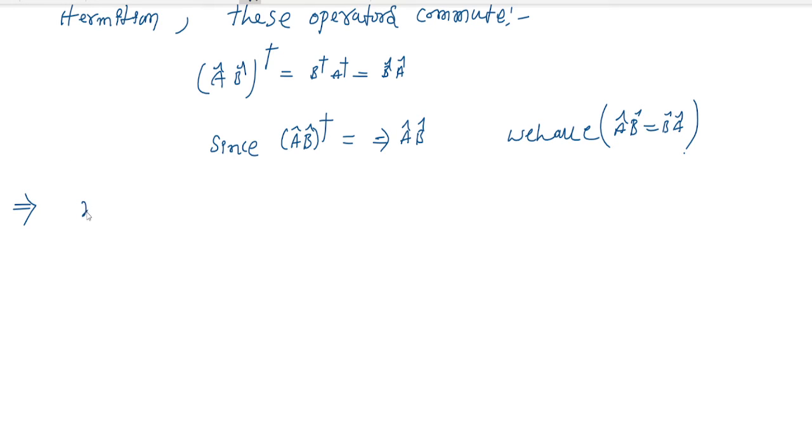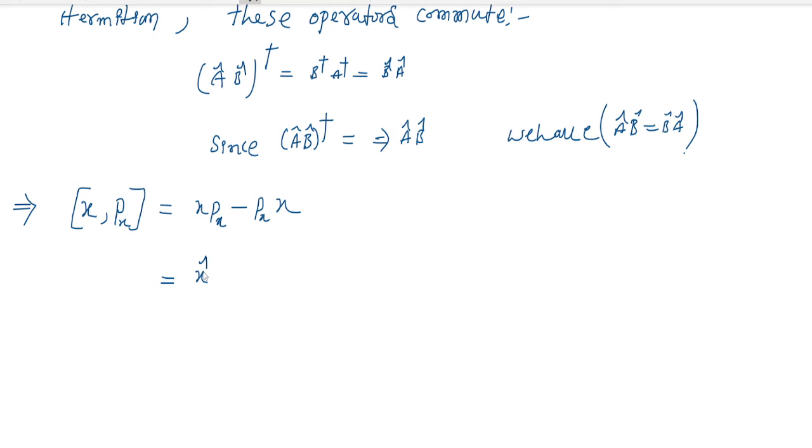For example, here I'm taking the position operator x and I'm going to write the momentum along the x component. So apply these commutation rules: x px minus px x.